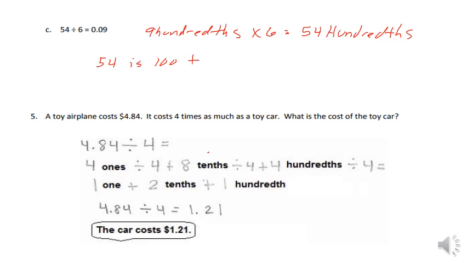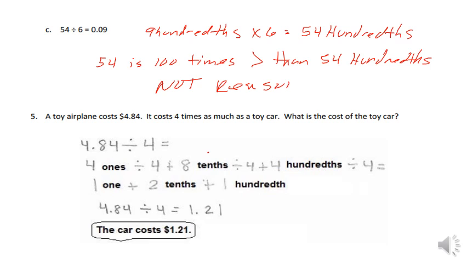So we can see that 54 is 100 times greater than 54 hundredths, not reasonable.